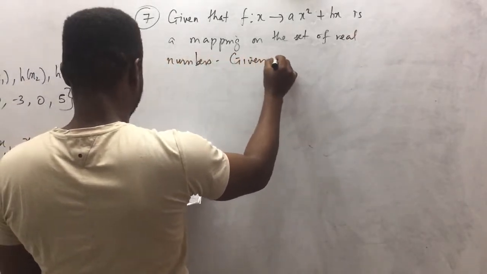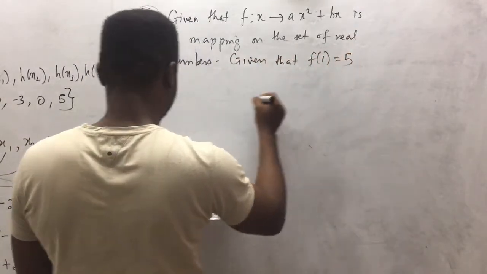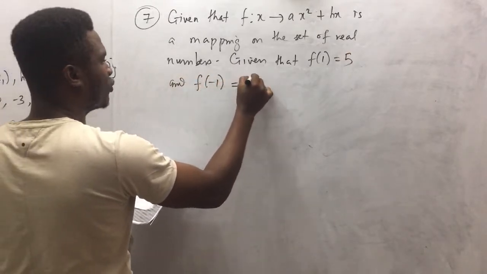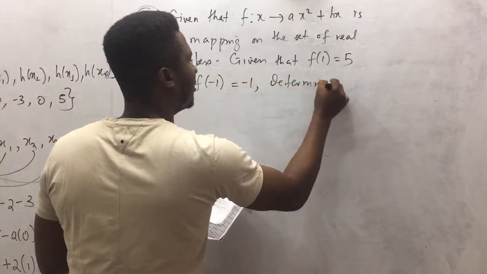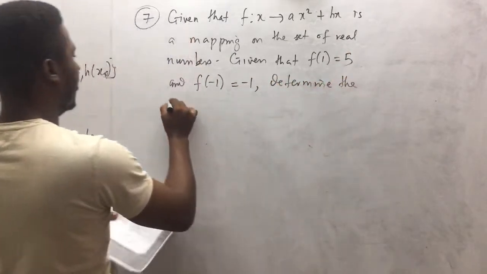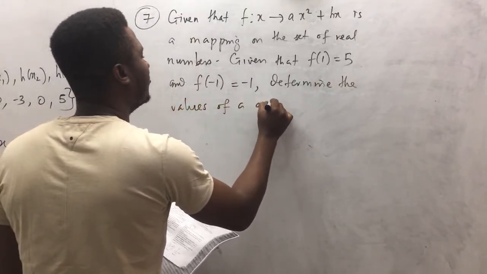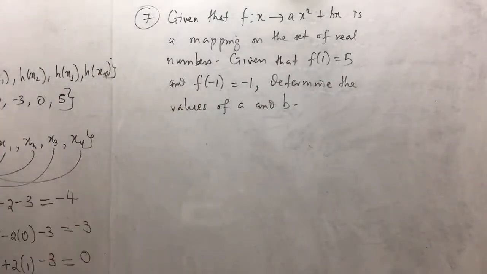Given that f of 1 is equal to 5 and f of minus 1 is equal to minus 1, determine the values of a and b. I love this kind of problem.